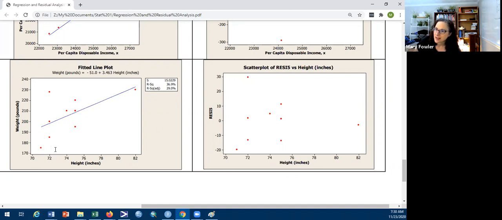And this violates that because for smaller values of the X variable, we have large error terms, large residuals. That's shown here. And as our height increases, the residuals decrease in size. So this is called a coning behavior. And this is, not that you need to know it, a violation of the constant error variance. Okay.